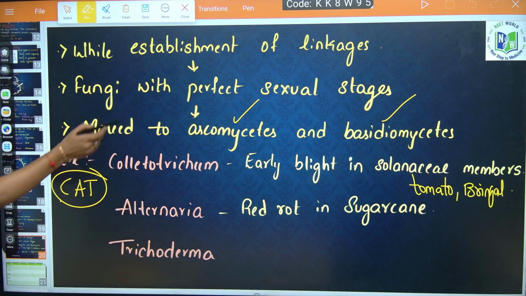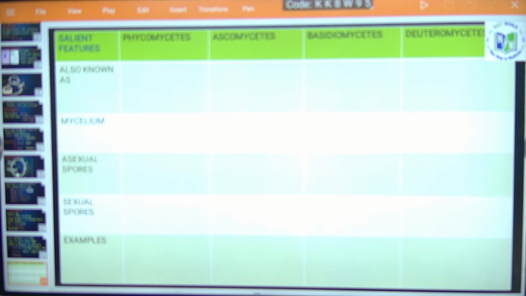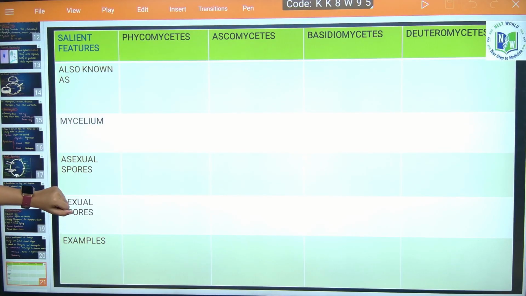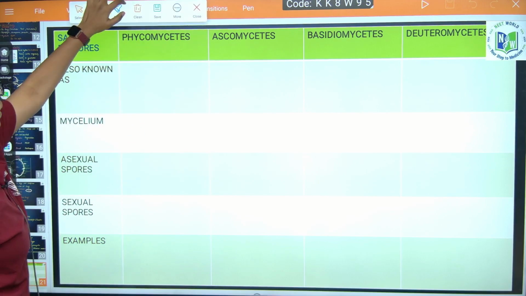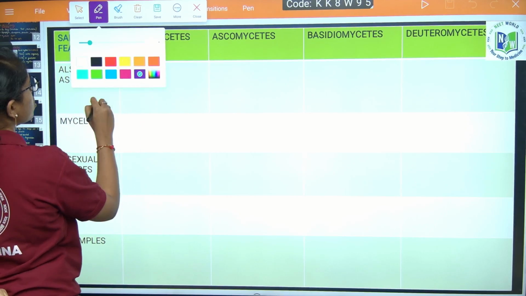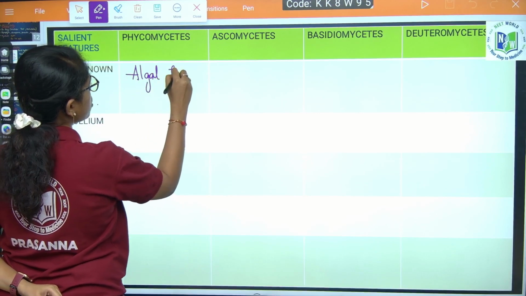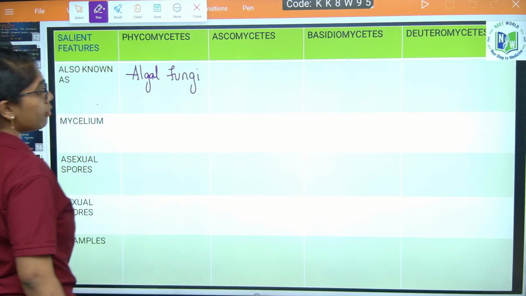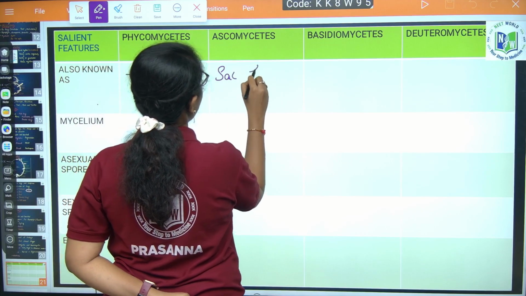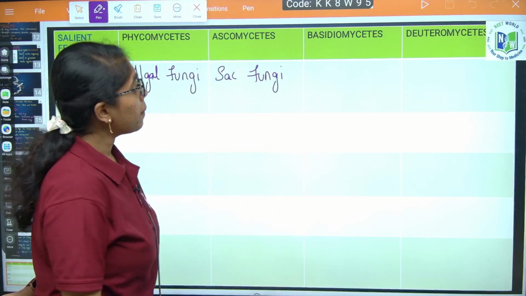Now lastly, we will discuss the comparison of all the classes of fungi, and fill this table with all the comparisons, okay. Phycomycetes is also known as what, beta? Phycomycetes is also known as algal fungi. Ascomycetes is also called sac fungi.